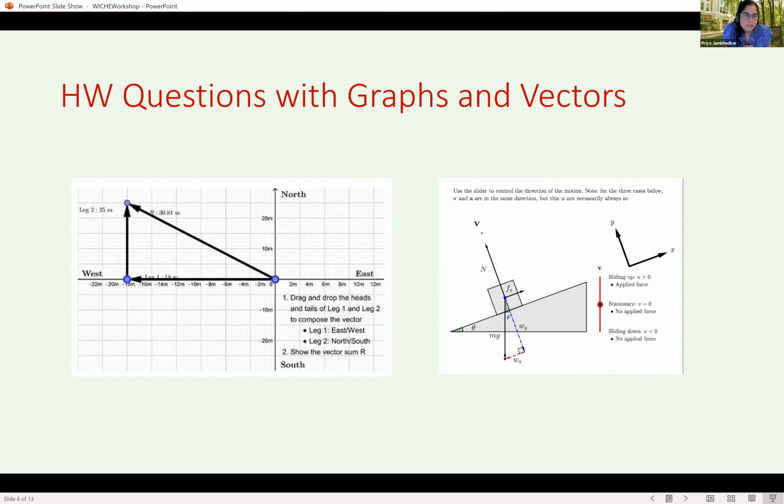For the rest of the talk, I'm just going to show you some diagrams of the actual features that were in the course. This is an example of a homework question that had graphs. Here, this is interactive. These arrows on the left are like a graph using vectors.